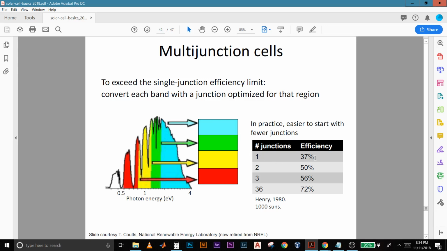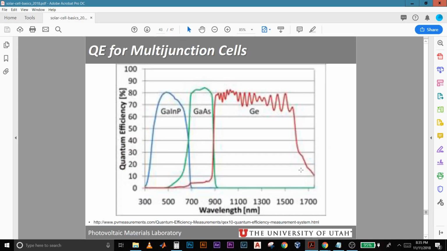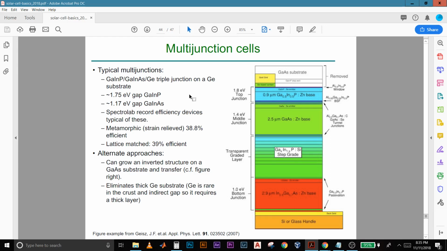So one junction can get up to 37% efficient, but if you increase the number of junctions in the solar cell to 2 to 3, and so on, you can get up to 50 to 60% efficient cells. This was also discussed in the last class, quantum efficiency for multi-junction cells. As we can see, different materials absorb at different locations of the solar energy spectrum.